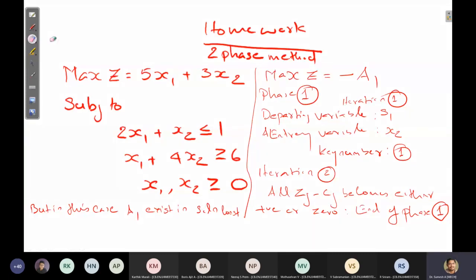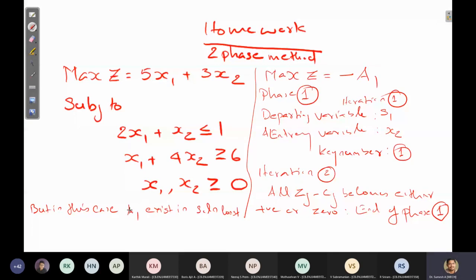So what to do? Since all Zj minus Cj are positive, that means an optimum solution has been reached, but artificial variables still exist in the product mix. So what to do?